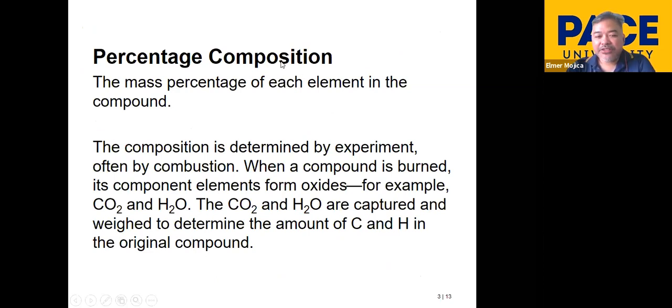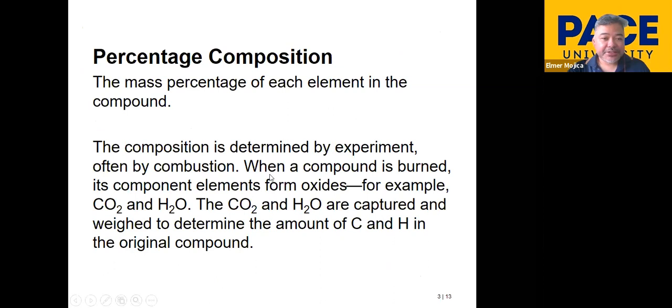So when you're working with the so-called hydrocarbons, these are just compounds that contain hydrogen and carbon. As we could see, the percentage composition is the mass percentage of each element in a compound.